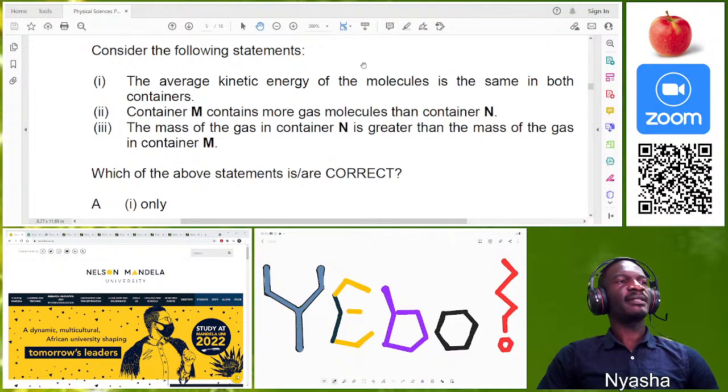The first one reads, the average kinetic energy of the molecules is the same in both containers.